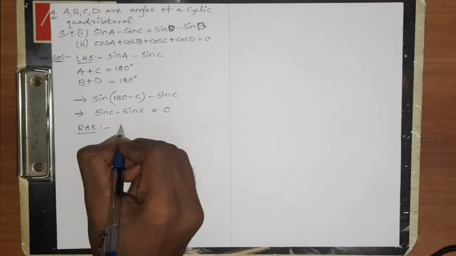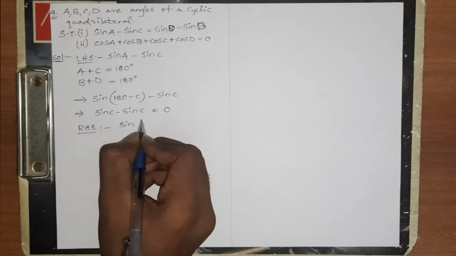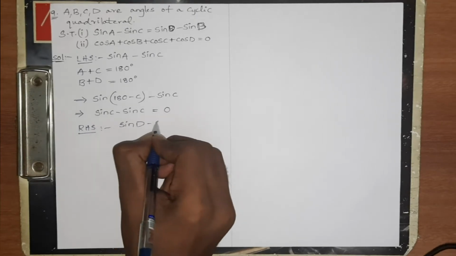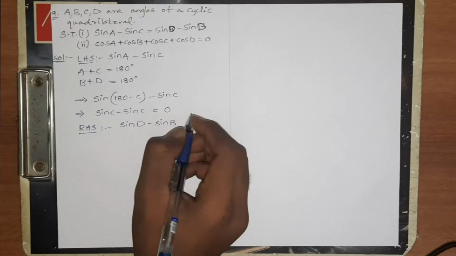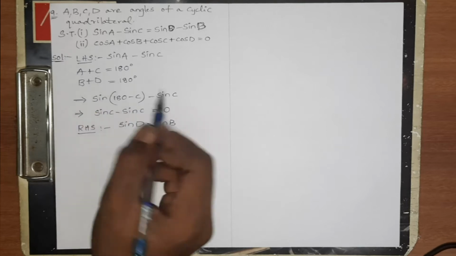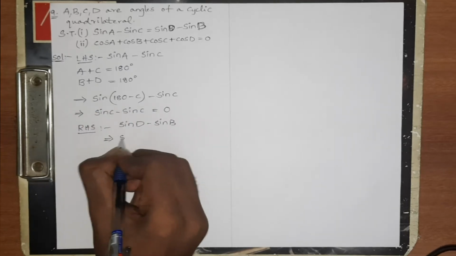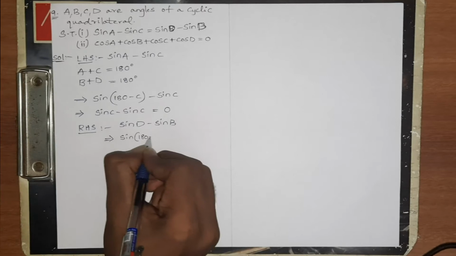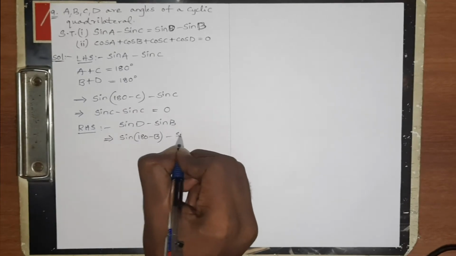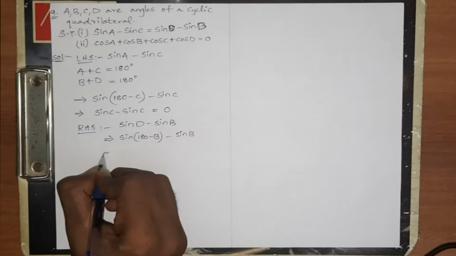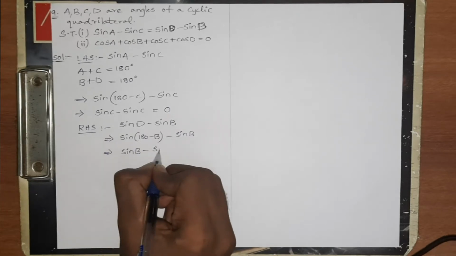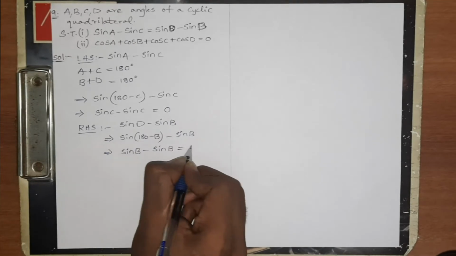We have sine D minus sine B. So similarly here we can write this D as 180 minus B. So that implies sine 180 minus B minus sine B. So sine 180 minus B is sine B. Sine B minus sine B, so we'll get it as 0.